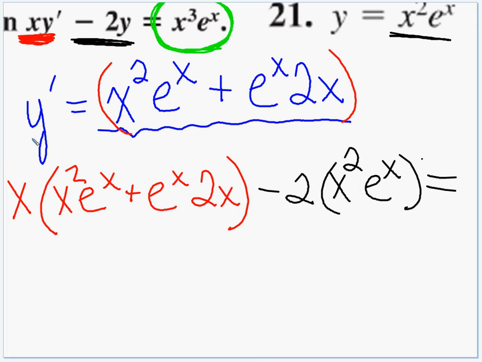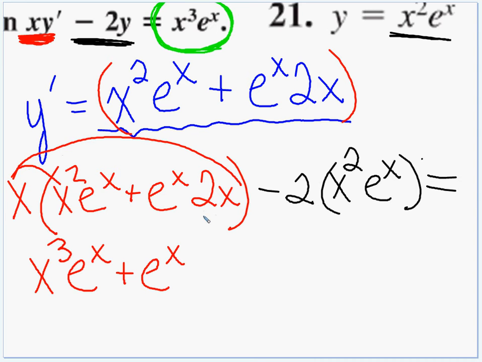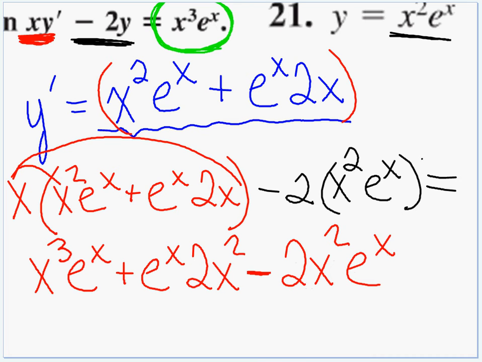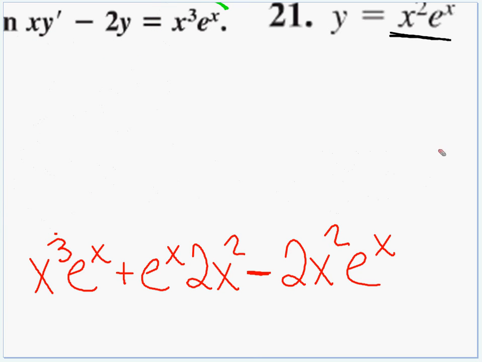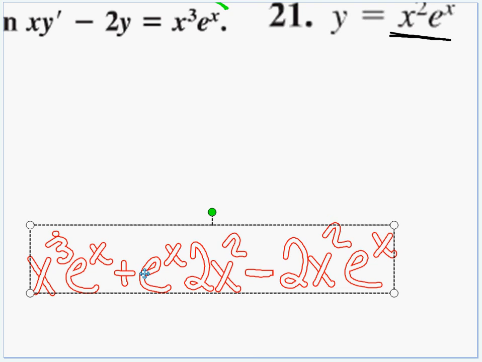So it looks like it's algebra time. We're going to distribute this x, so now that's going to be x cubed e to the x plus e to the x will distribute here, and that'll become a 2x squared, minus, we'll just distribute here, the 2 times this will just drop the parenthesis, 2x squared e to the x. So let's see what we got here.